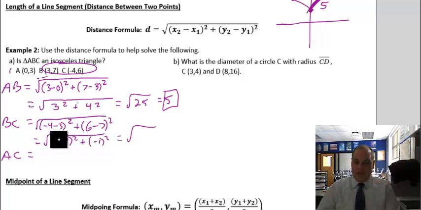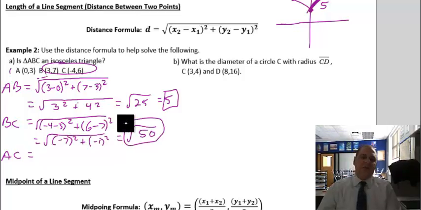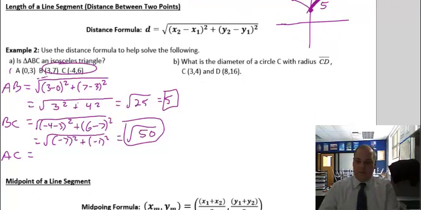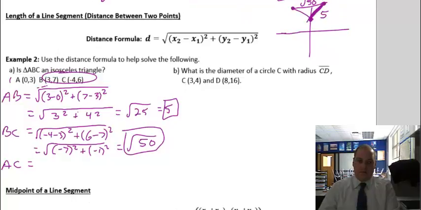So that's going to be 49 plus 1, which is 50. So we'll call it the square root of 50. You could put that in your calculator, but it's the square root of 50. That's BC, from B (3, 7) to this one. So 5 here, radical 50 here.